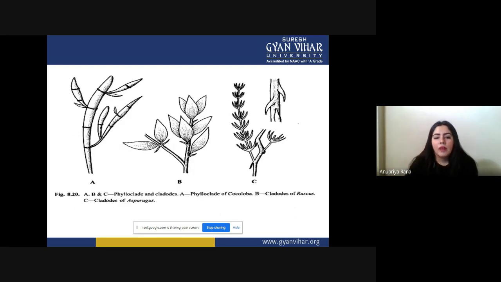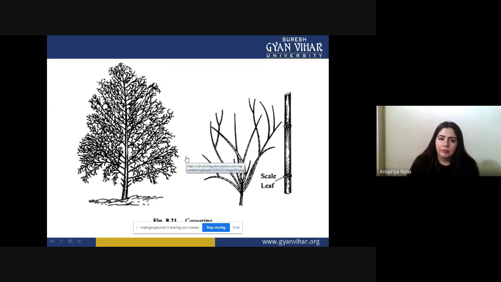You can see some phylloclades. Their whole stem is converted into a fleshy organ. This is B, the cladodes of Ruscus, and third is the cladode of asparagus. In these you can see they are becoming so fleshy. These are the scaly leaves.